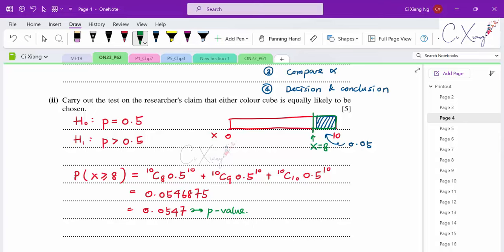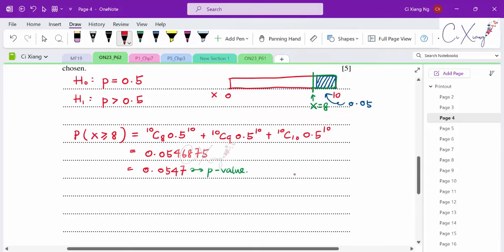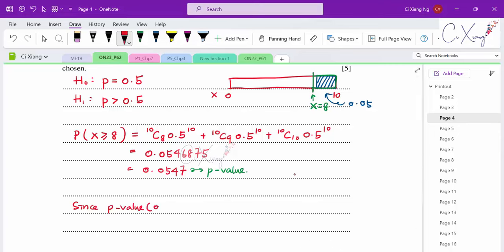The area for x greater than or equal to 8 is more than the alpha. From here, you can see that the 8 falls under the white part, which is the acceptance region. So now you compare: since our p-value, 0.0547, is greater than the alpha, which is 0.05.